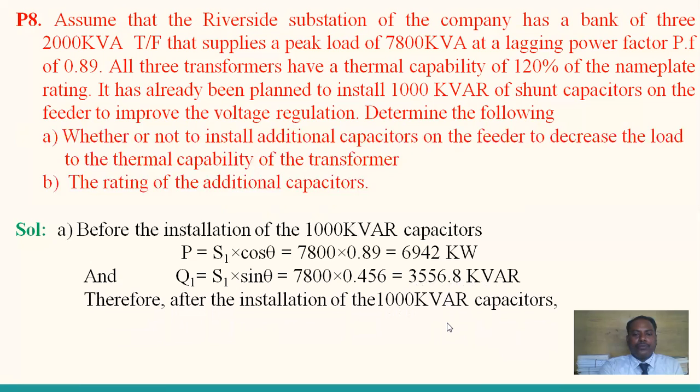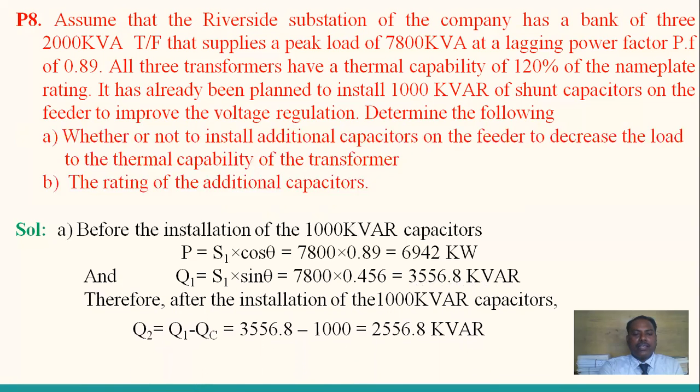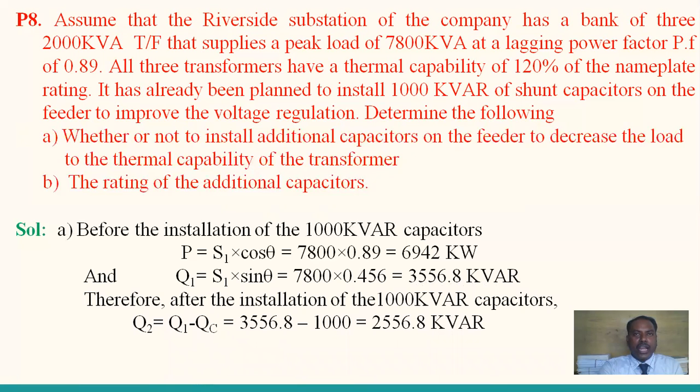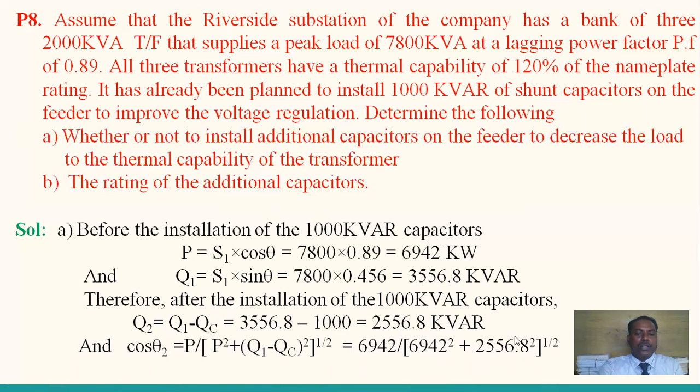After the installation of the 1000 kVAR capacitor, the new reactive power is Q1 minus QC, that is 3556.8 minus 1000, which is 2556.8 kVAR. So after 1000 kVAR capacitors are connected, the reactive power in the circuit is 2556.8 kVAR.